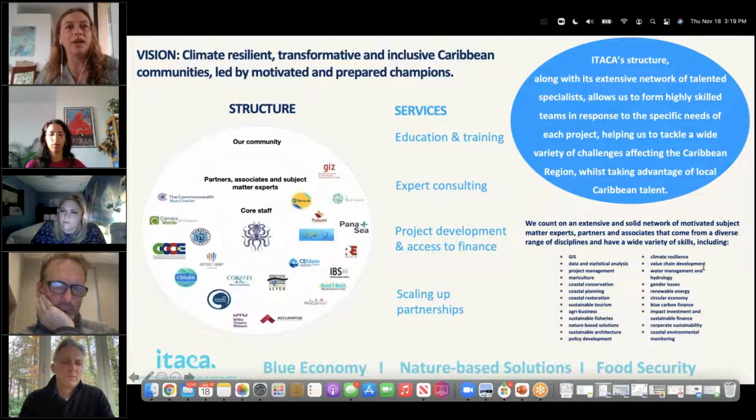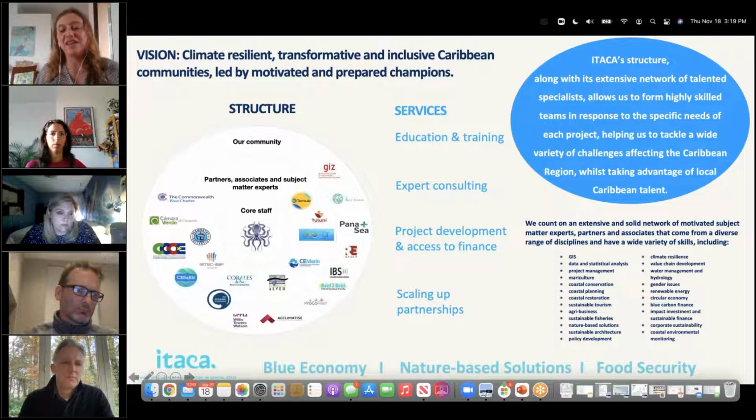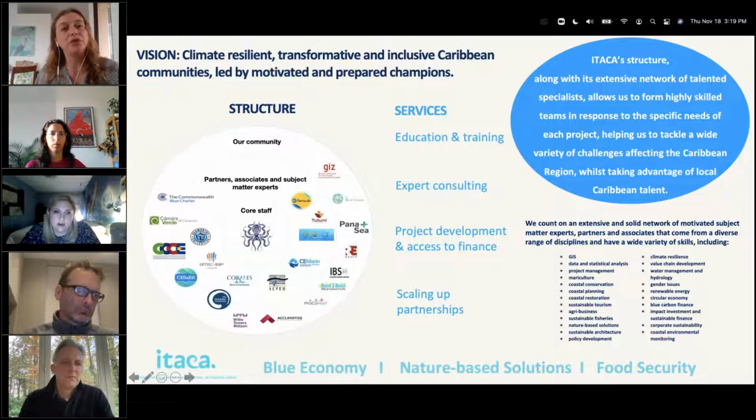So to give you an example, right now I'm working with Cucumber Hatchery here in Panama. It's been established for 2 years, and we started working with them on the project development and access to finance front. So helping them identify suitable financing opportunities for their projects.